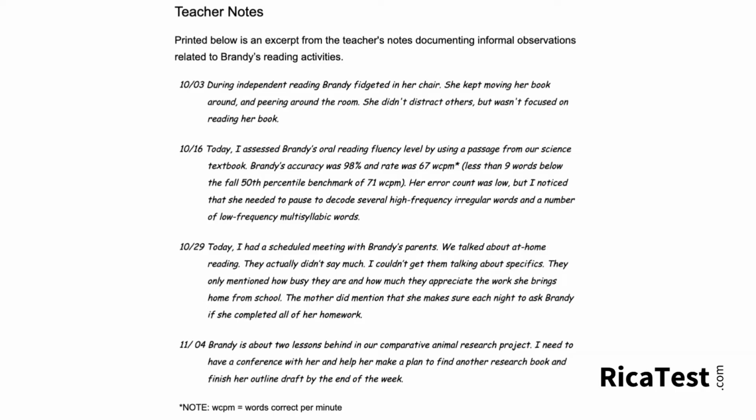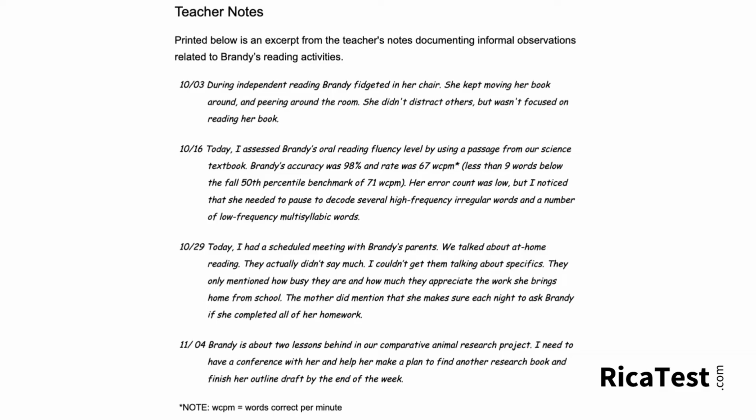Let's keep reading. So 10:16, the note says, today I assessed Brandy's oral reading fluency level by using a passage from our science textbook. Brandy's accuracy was 98% and rate was 67 word count per minute. Okay, so this is another piece of evidence indicating Brandy's fluency ability. When it comes to accuracy and rate, yeah, her accuracy is good, right?